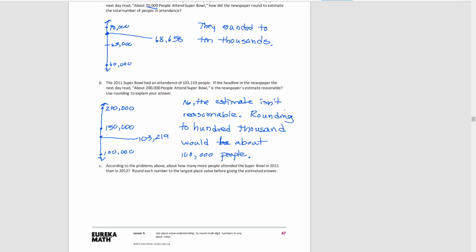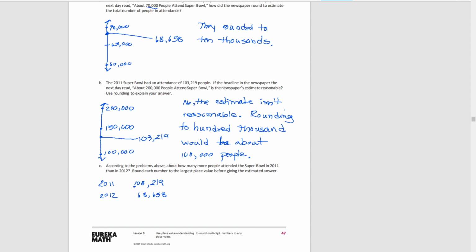Okay, so in 2011, the number of people was 103,219. And in 2012, it was 68,658. It tells us to round to the largest place value. So for the 2011 number, the largest place value is 100,000.